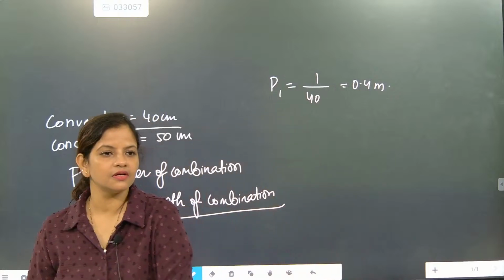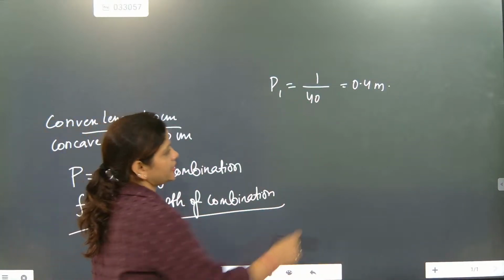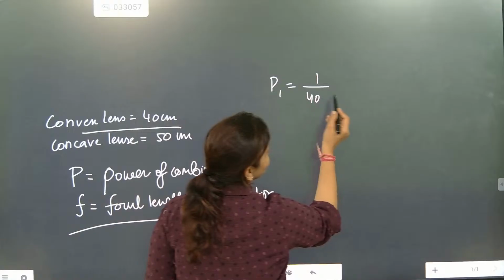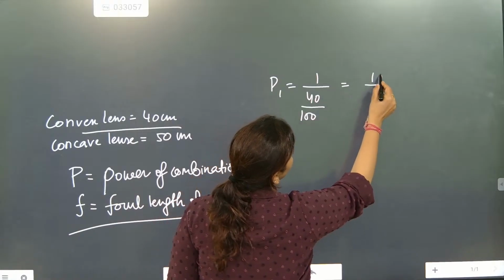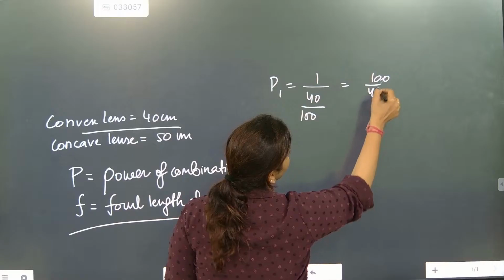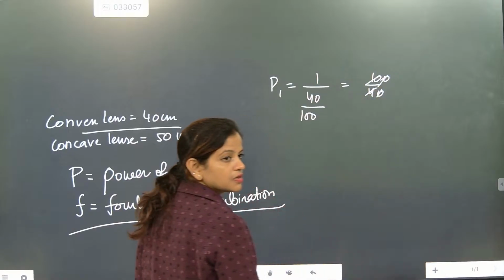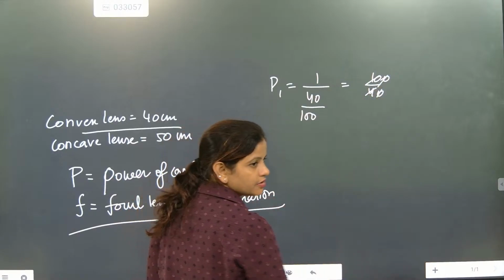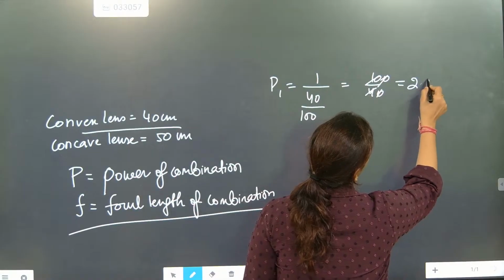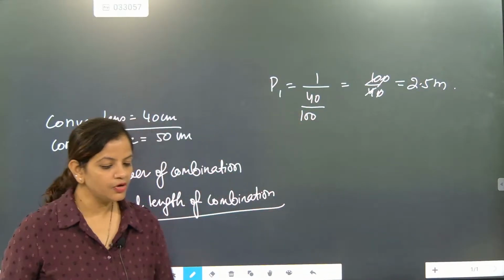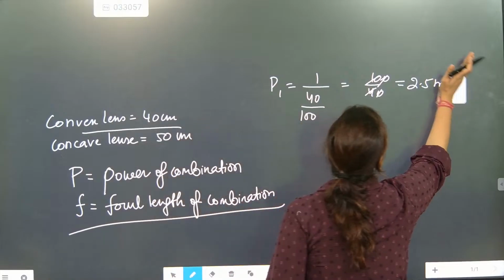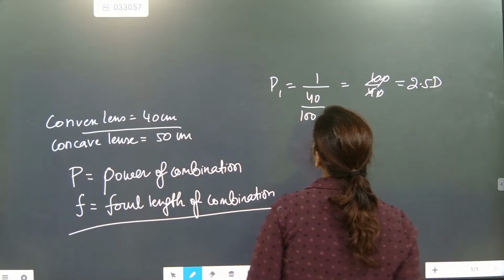It will not be like that. Here it is 40 centimeters, so it will become 100 by 40, which is 2.5. Is it coming 2.5 diopter? Sorry, 2.5 diopter. Absolutely, 2.5 diopter, because the sign will be positive.